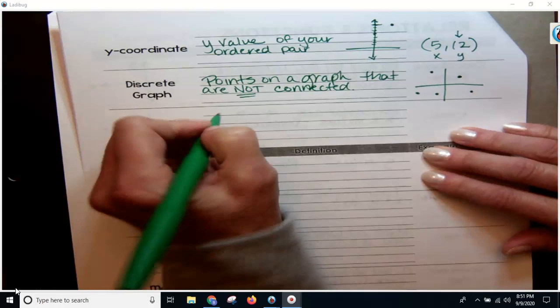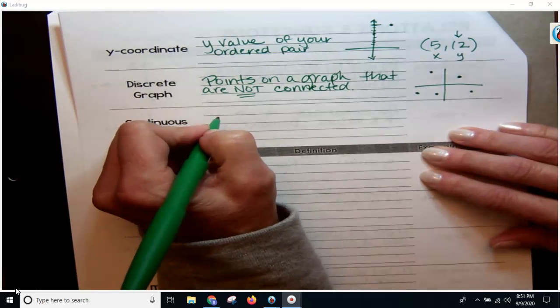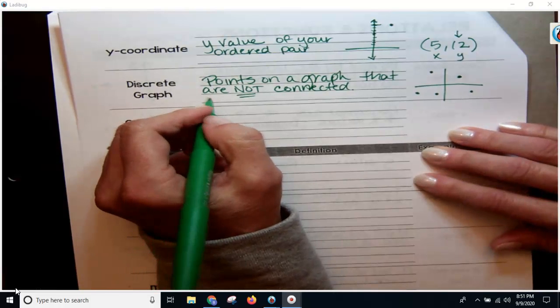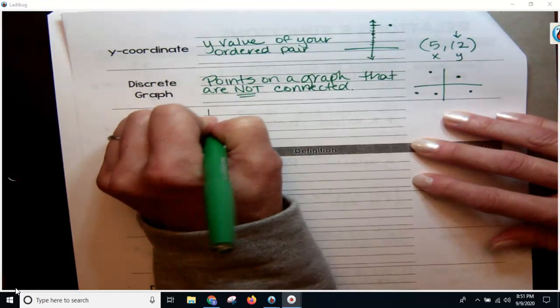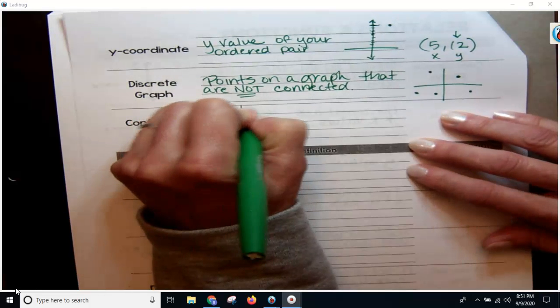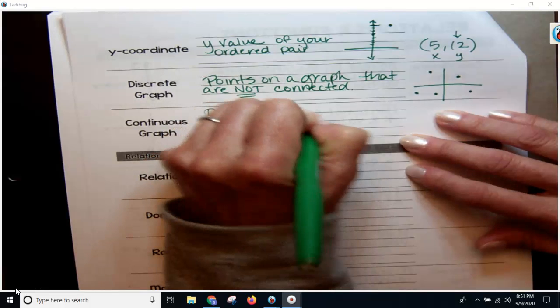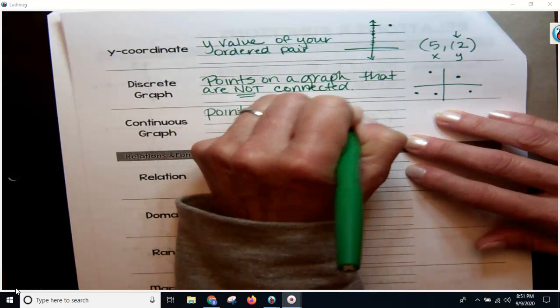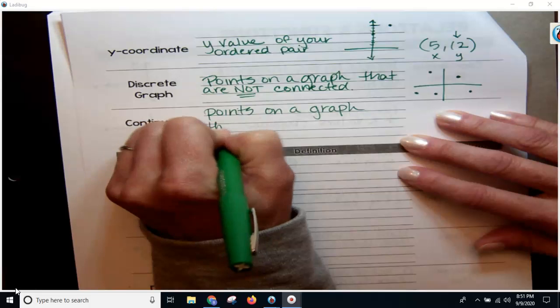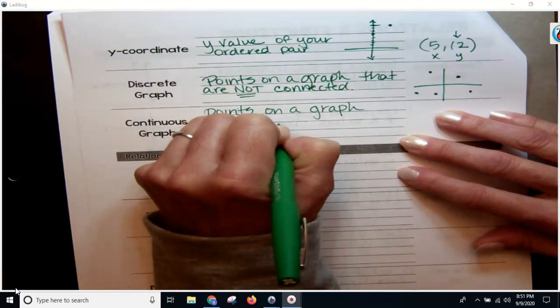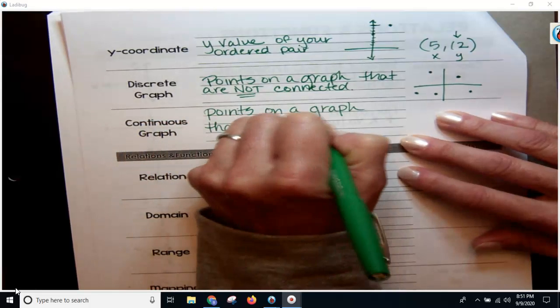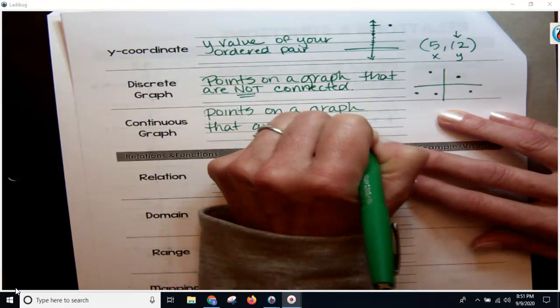All right, and then a continuous graph is basically points on a graph that are connected. All right, so there you go.